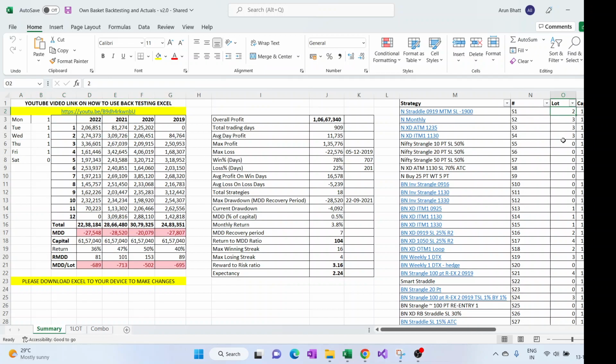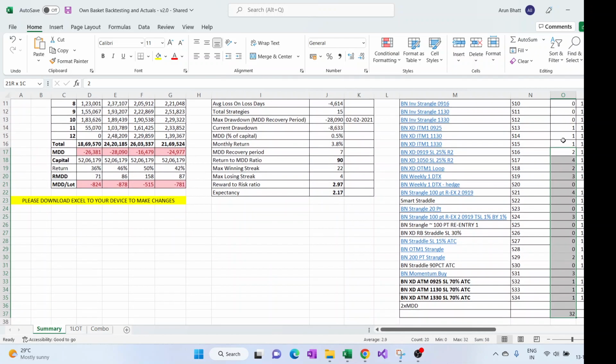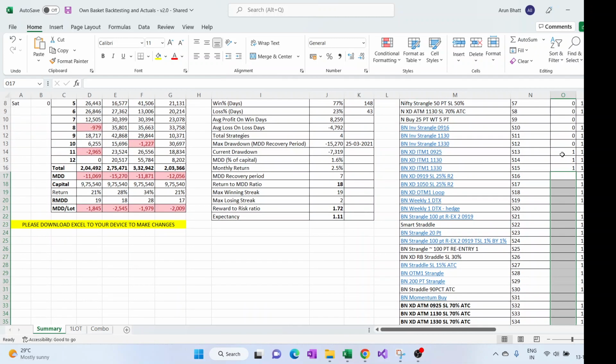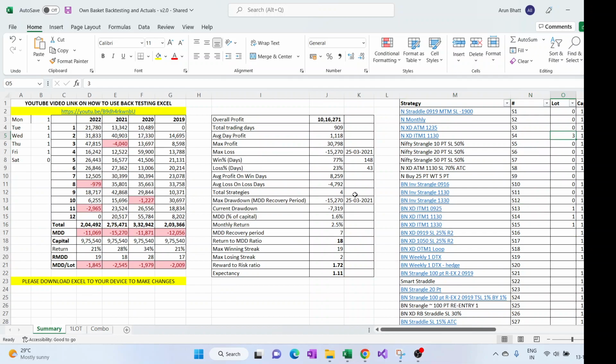Now if I want to see the backtesting, I'll be making all other strategies' lots 0. So 3 here and 1 here, and removing the other lots, we can see now it is only 3 lots of Bank Nifty and 3 lots of Nifty.